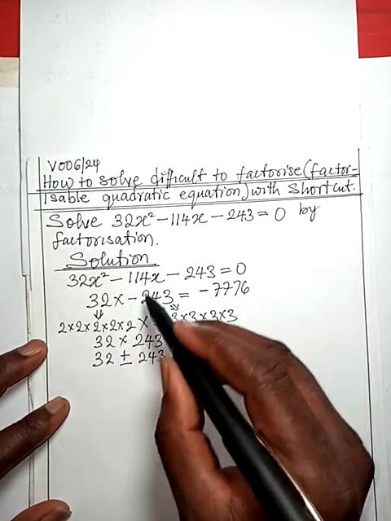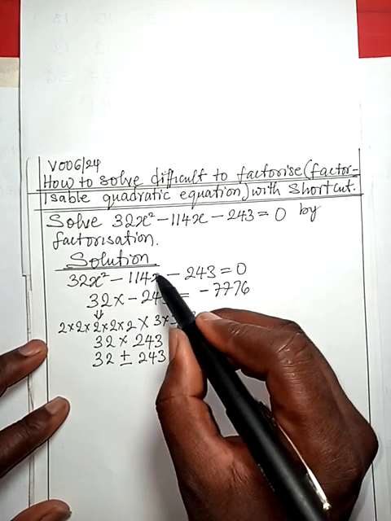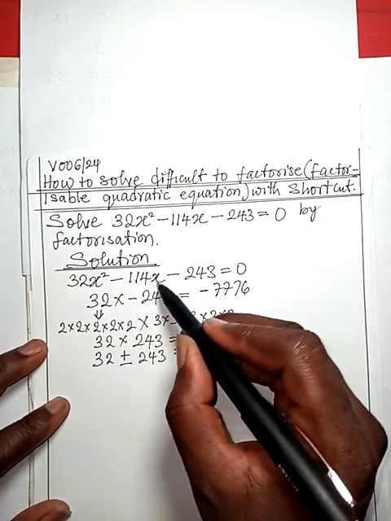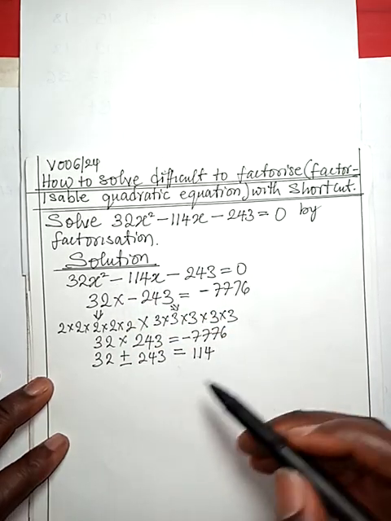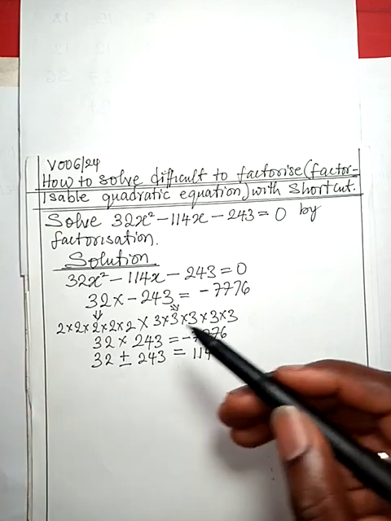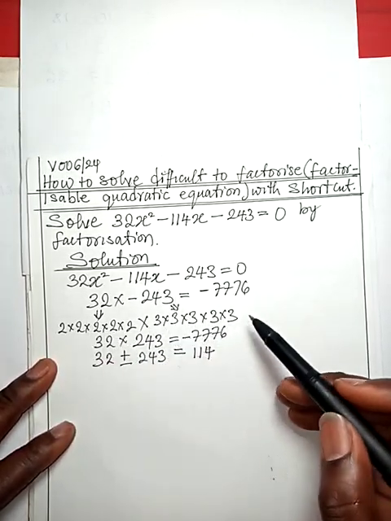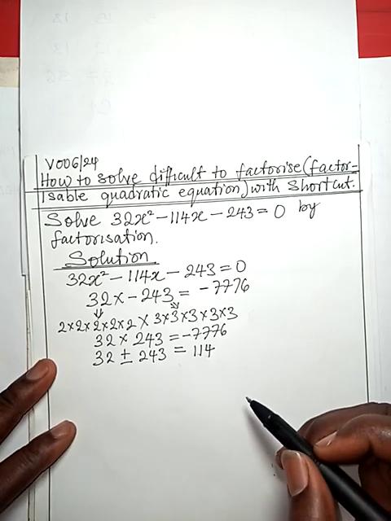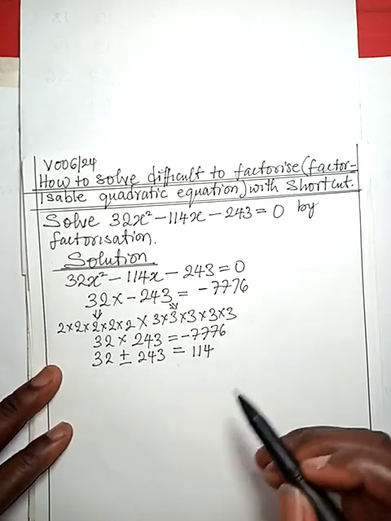There's no way you can add or subtract this to get this number. It's not 114. Remember, we're looking for two factors of this that will give us this. You can do so many trials. You can try so many of these numbers. Any arrangement will give you a factor. But because I've looked at this question before, let me go straight and get those factors.